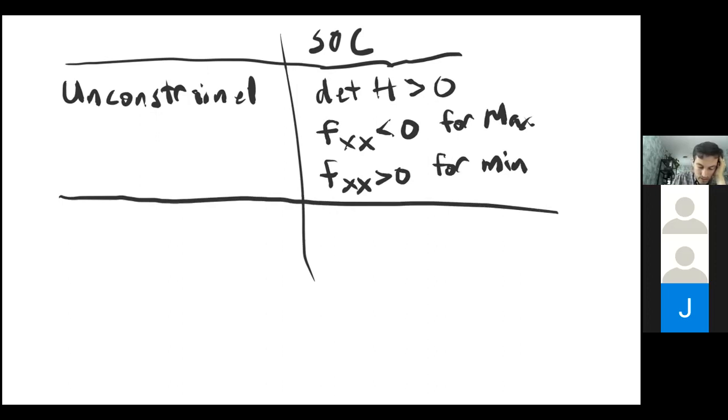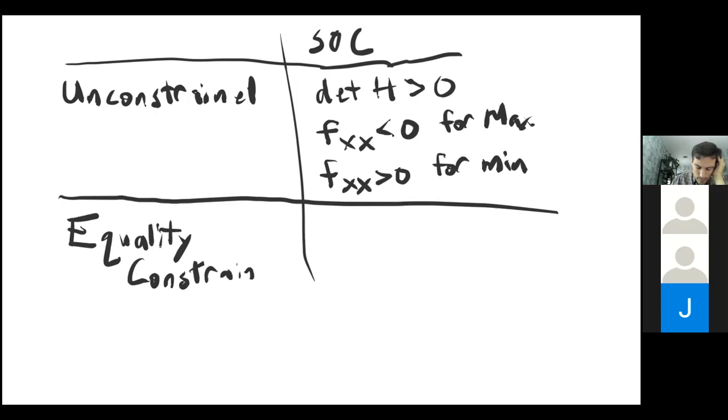For the constrained case with equality, what are the second order conditions for the optimization problems? You guys remember? We're now talking about the bordered Hessian, which can be written as H bar.